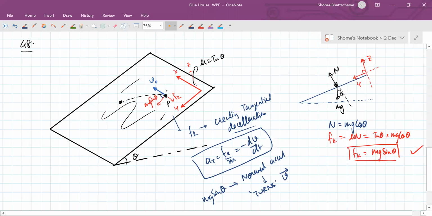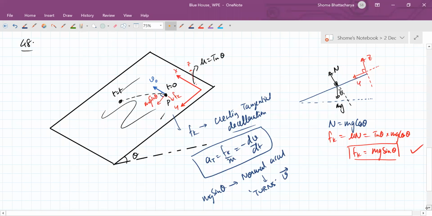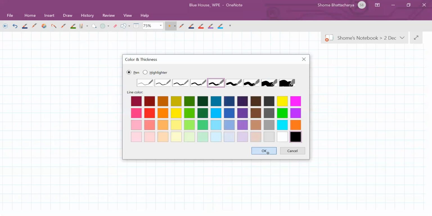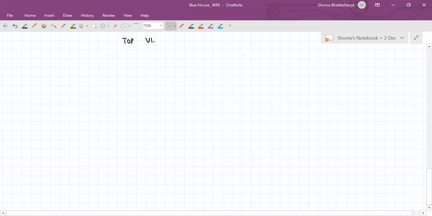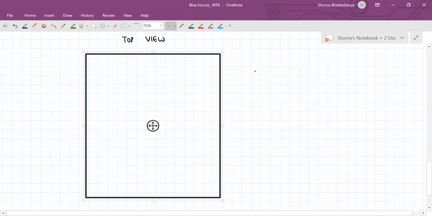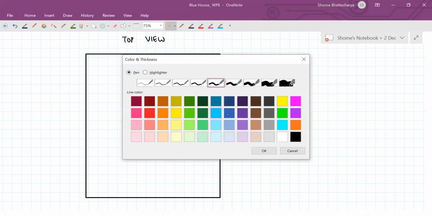After some time, let's say it's over here. This is where it was at t equal to 0, and this is where it is at time t. Now we will look at the new diagram at time t more carefully. For that, let us draw the top view. This is the one which will become important for us. In this diagram, when the particle started out at t equal to 0, somewhere here, its initial velocity was a vector in this direction.